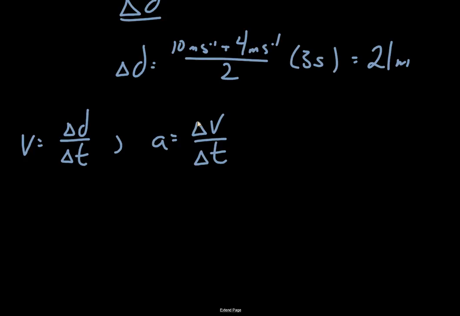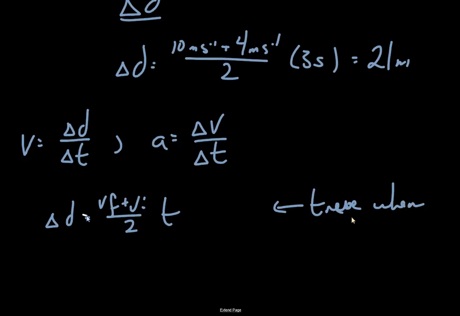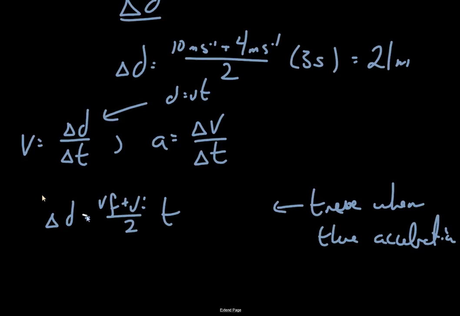Building on this, we've come up with one other way of looking at things. This is true when accelerating, so you only use this when there is an acceleration. Otherwise, you would just use the other form, which is d equals v times t. If the v is constant, you just use this. If the v is changing, you've got to use the average of the velocity.